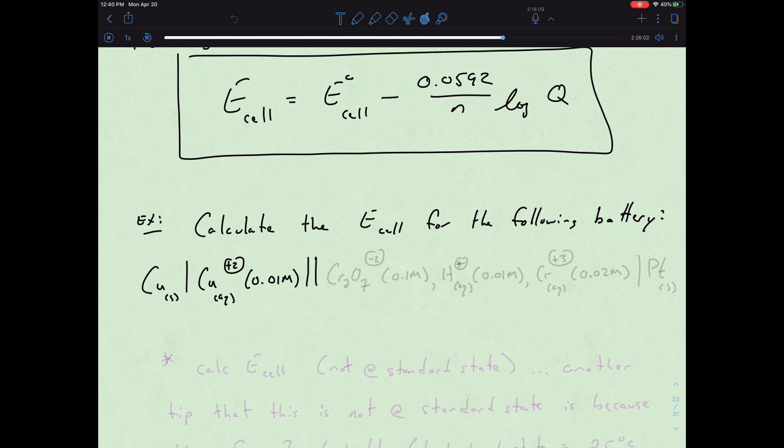So there's our anode side of things, and we have a concentration of the copper. We then have dichromate, protons, chromium +3, and then an inert electrode on the other side.